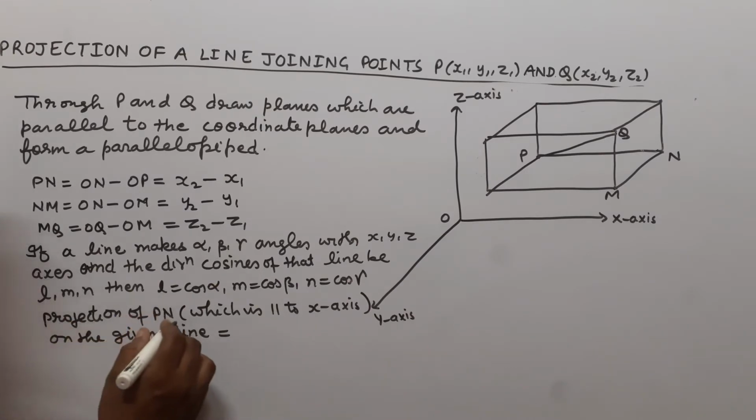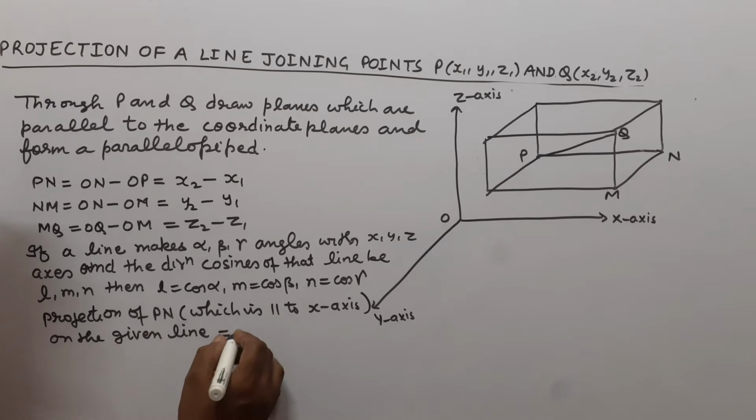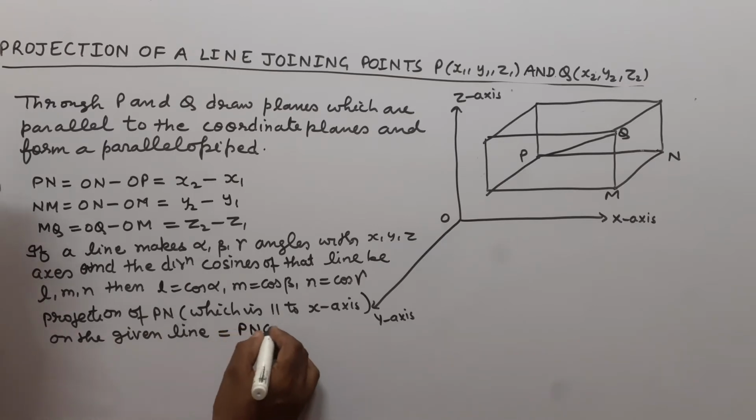So the projection of PN on the given line can be written as PN cos alpha.